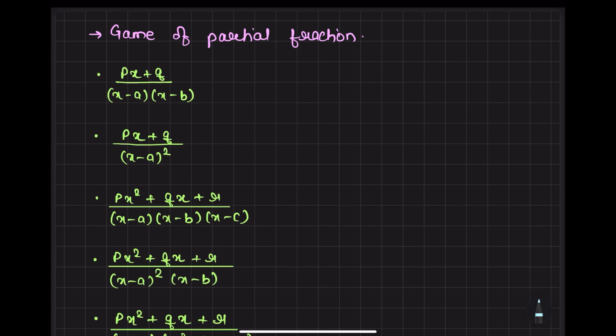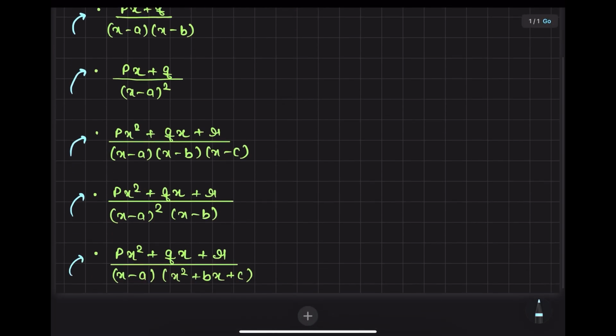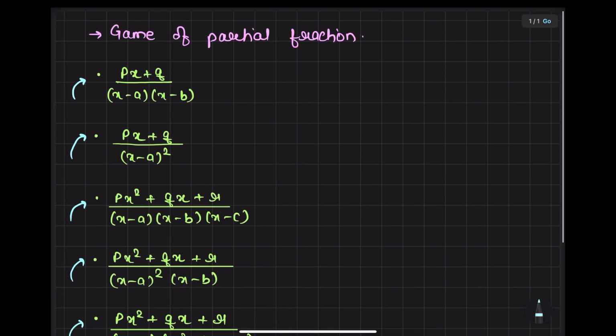As you can see in the first example, the numerator is linear but the denominator is quadratic. Linear, quadratic; quadratic, cubic; and so on. So now how will we handle this situation?